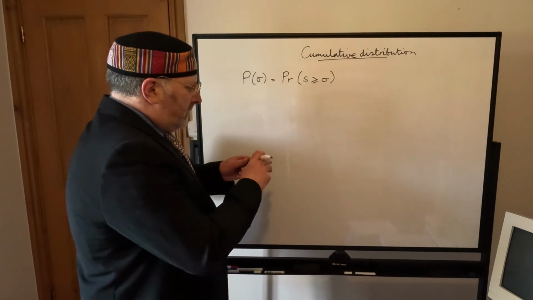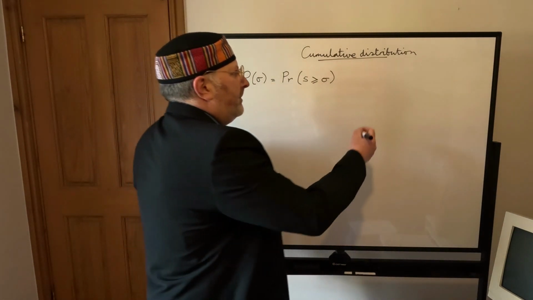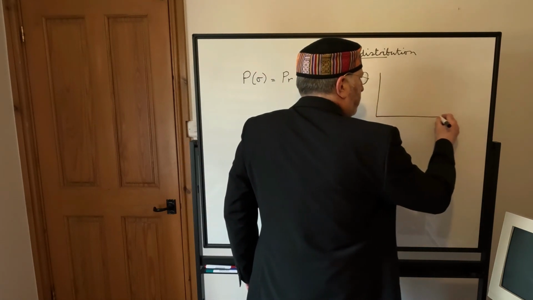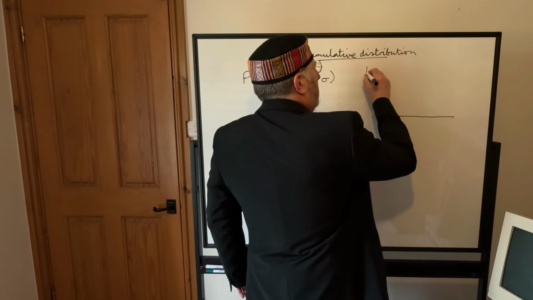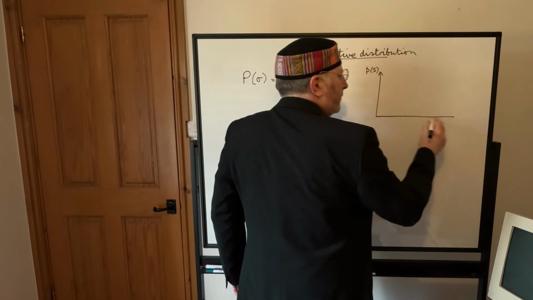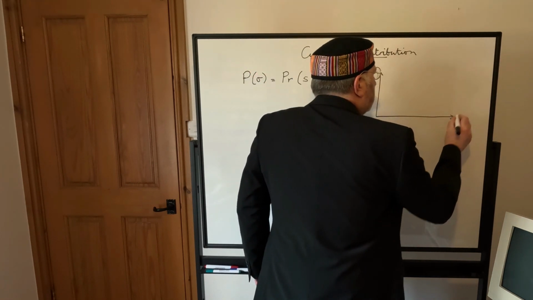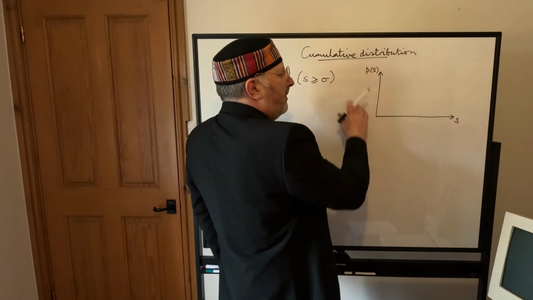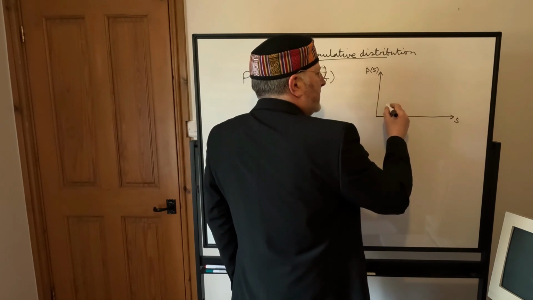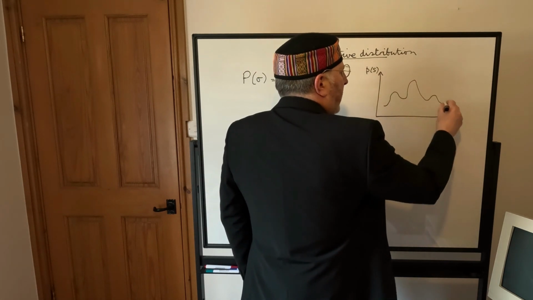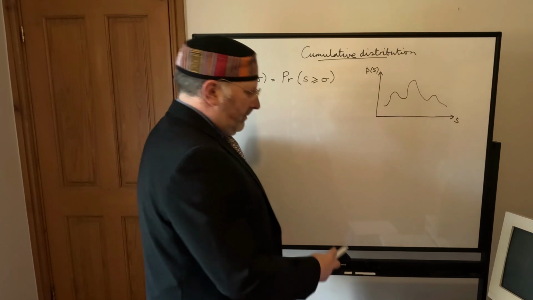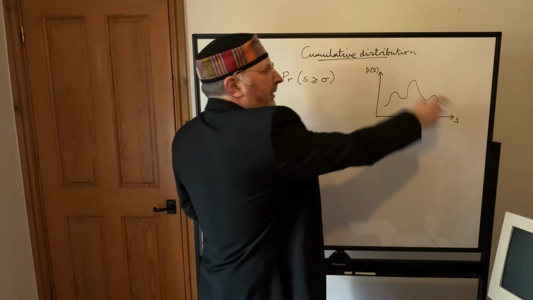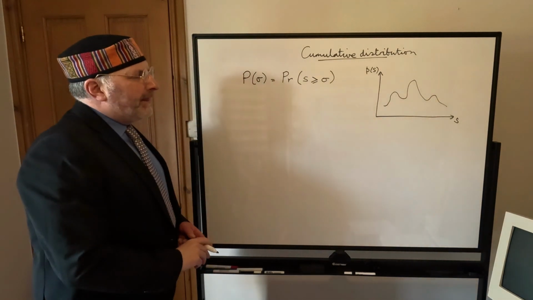Now, before we consider this in a bit more detail, we need to think a little bit about what we mean by this P, the probability of S that we were just talking about earlier. If we've got the probability of size S plotted against S, we might have something like that. If we've got a power law, we know it's actually a curve down like this, but just in an arbitrary case.